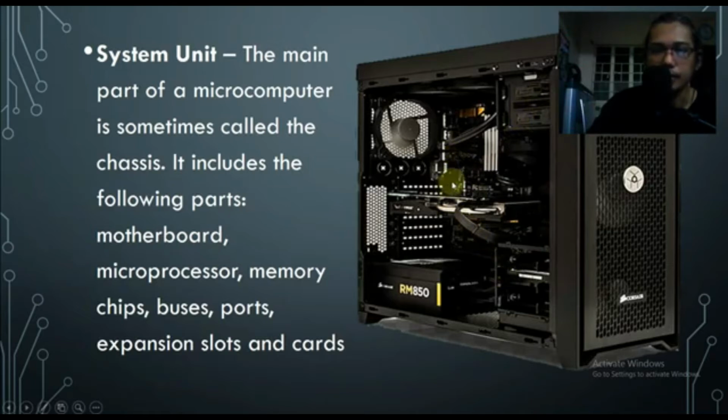The ports and buses are at the back of the computer. And a card is also added if you need other features or an upgrade for your computer. It is found inside this system unit.